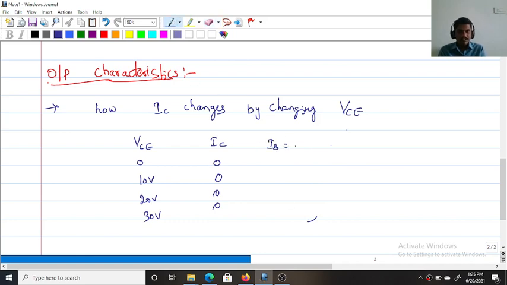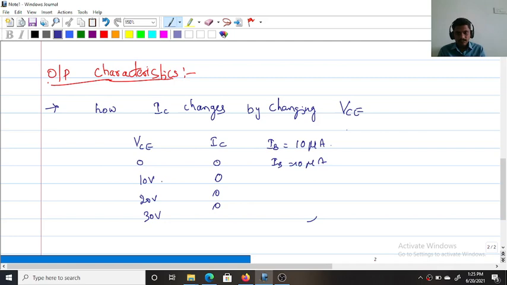When IB is kept constant, for example at 10 microamperes, and we change VCE: when VCE is 0, IC is 0.